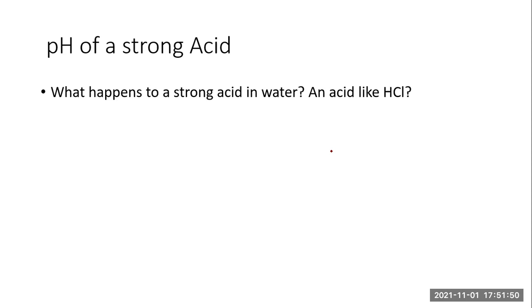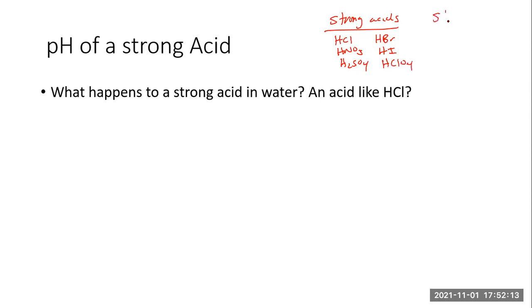And remember, there are certain strong acids that we oftentimes think about: hydrochloric acid, nitric acid, sulfuric acid, hydrobromic acid, hydroiodic acid, perchloric acid. So these are all very common strong acids.